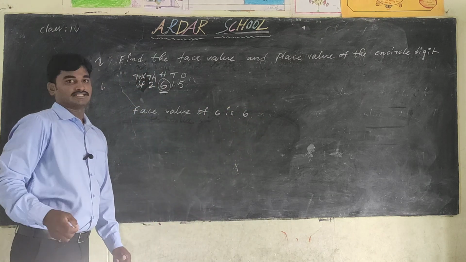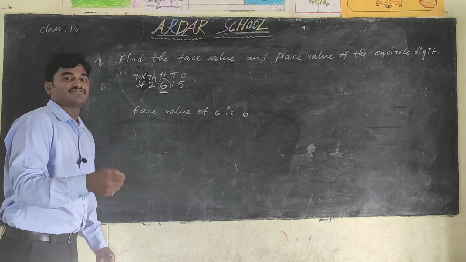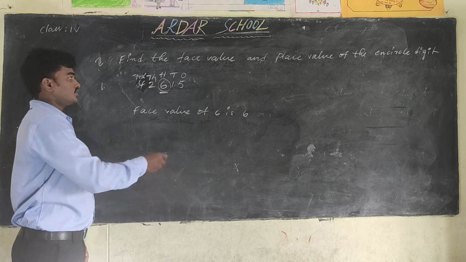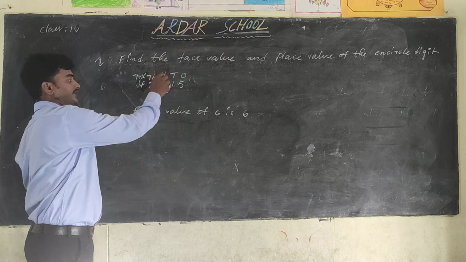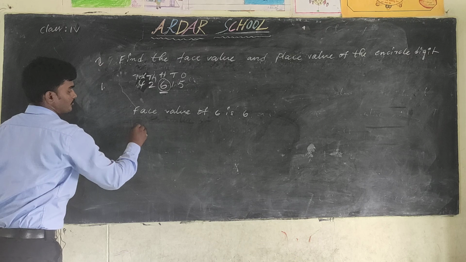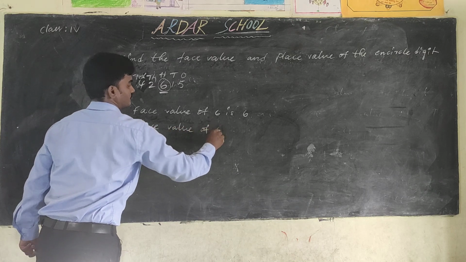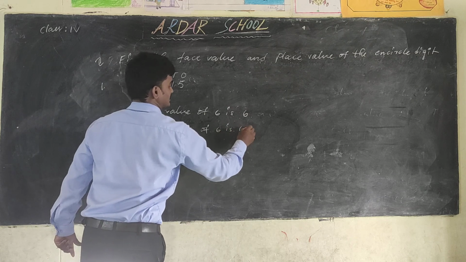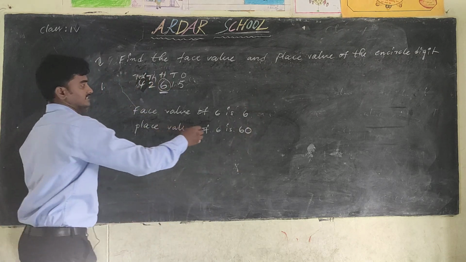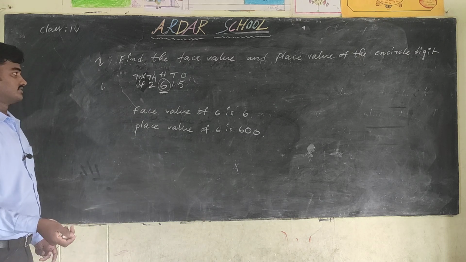We know that face value of a digit is itself at whatever place it may be. So 6 is at hundreds place, but the face value of 6 is 6. Now place value of 6 is 600, because 6 is in hundreds place.